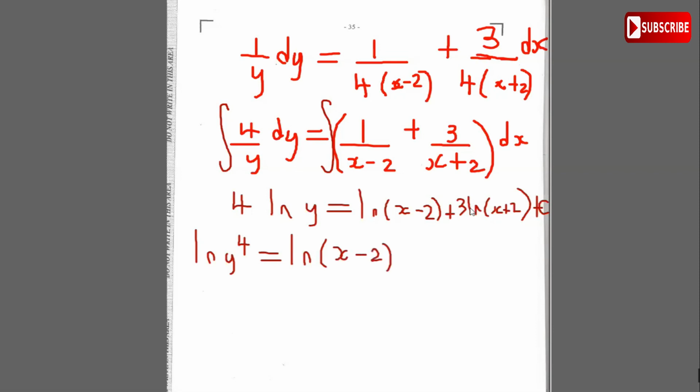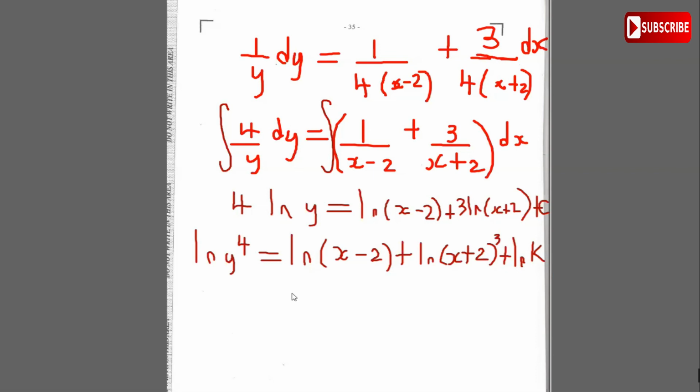I'm going to bring up the power of 3 to write plus ln of x plus 2 cubed. And then this c right here, I'm going to write it as ln a. Or let's write it as ln k. ln k is still a constant. C is just ln k.